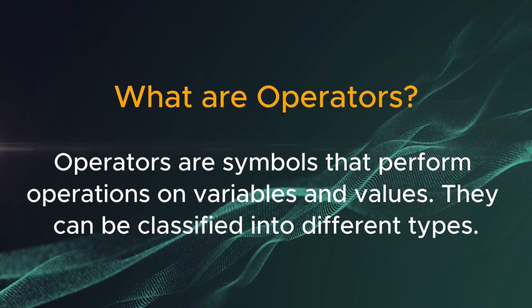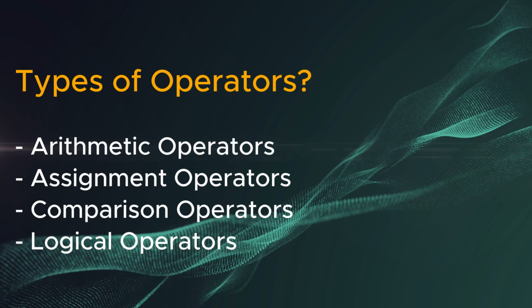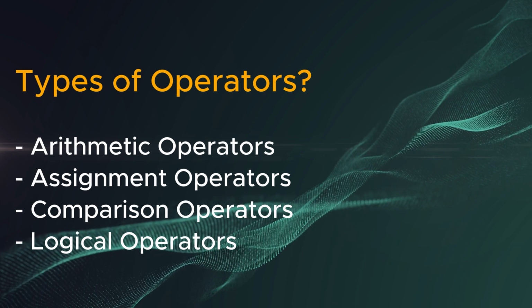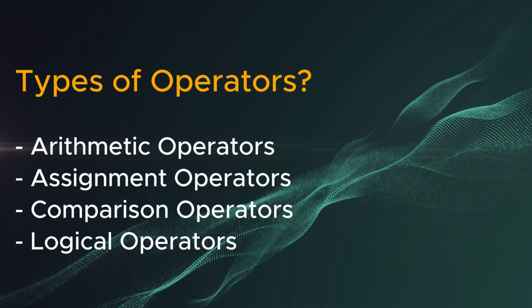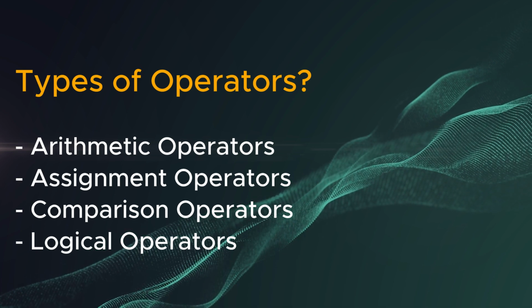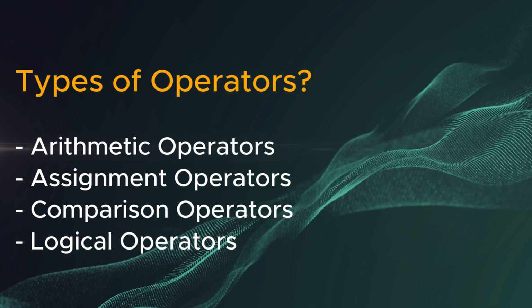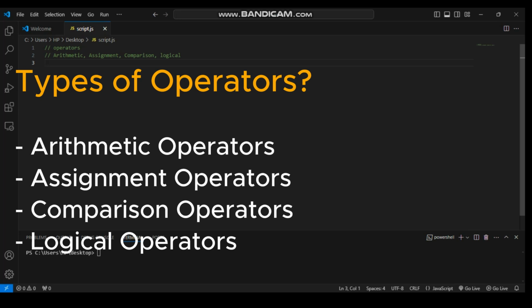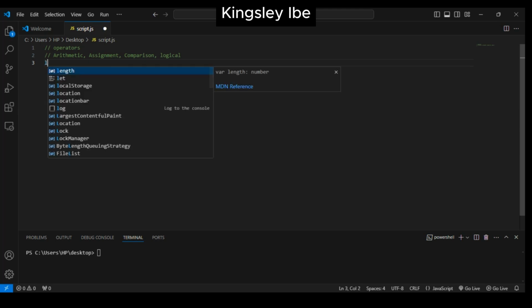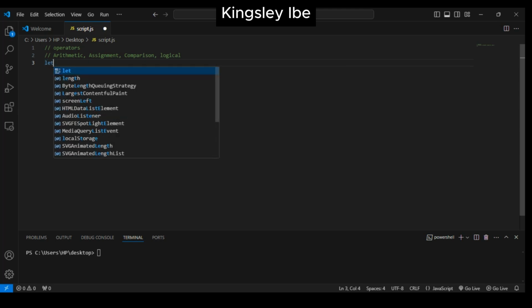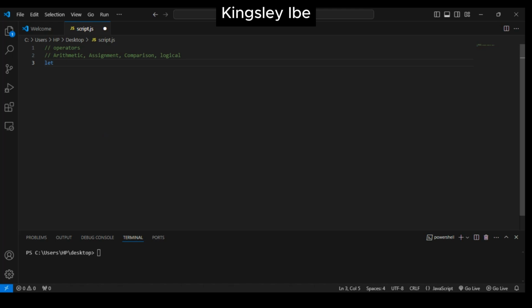We'll talk about the arithmetic operators, the assignment operators, the comparison operators, and the logical operators. Now let's head over to our VS Code to discuss these four different types of operators and demonstrate how they can be used in our code and their relevance.